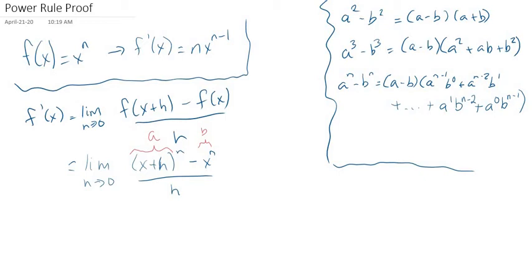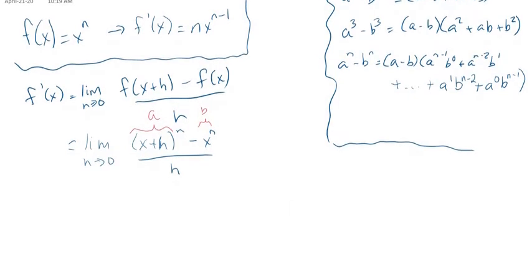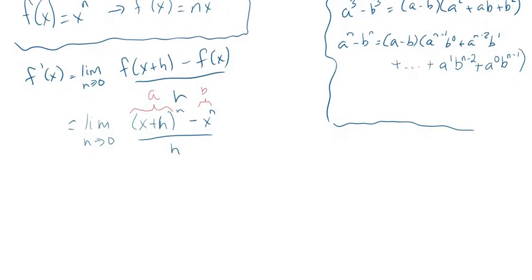So let's use that form and let's rewrite what we have here to help us out a bit. Let's go back to our first principles definition off to the left here. We have the limit as h approaches 0. And instead of having a and b, let's rewrite this using x plus h's and x's.